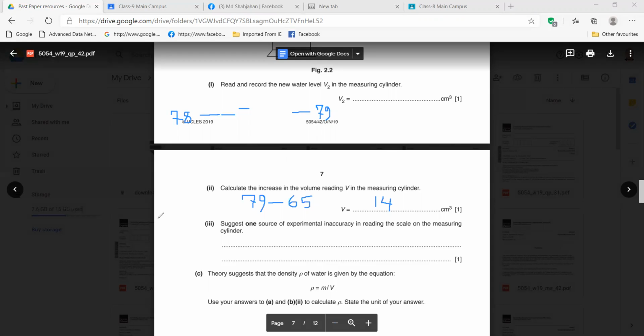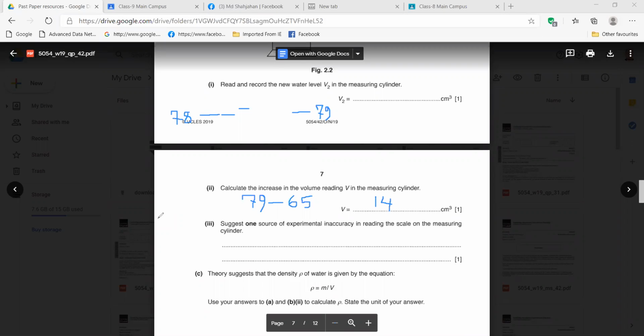Okay, now the third one. Can you read and tell me the answer? Yes, sir. Suggest one source of experimental inaccuracy in reading the scale on the measuring cylinder. So there might be some experimental inaccuracy, right?